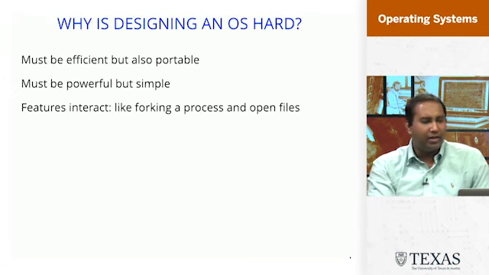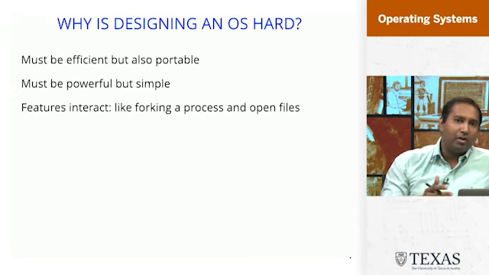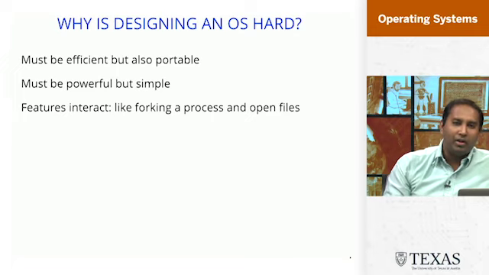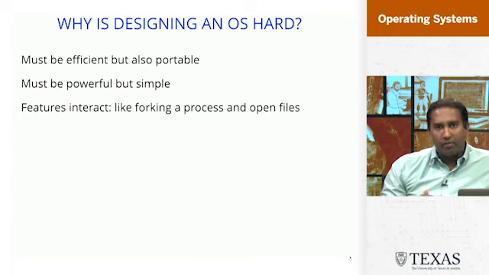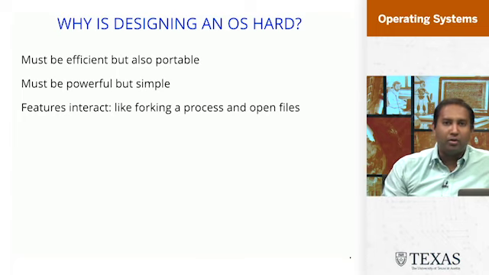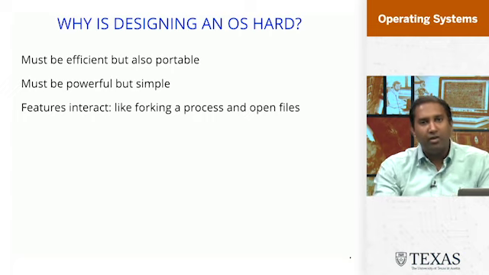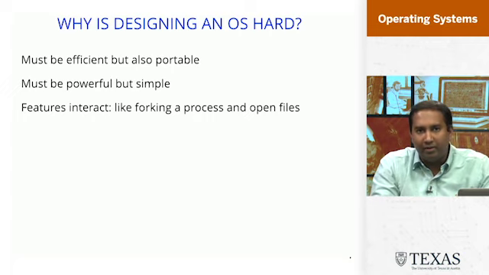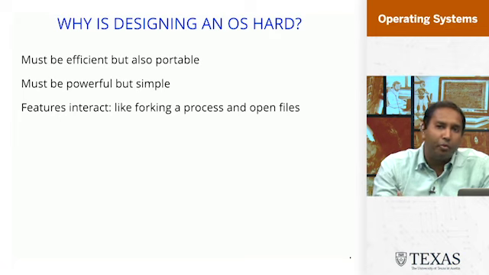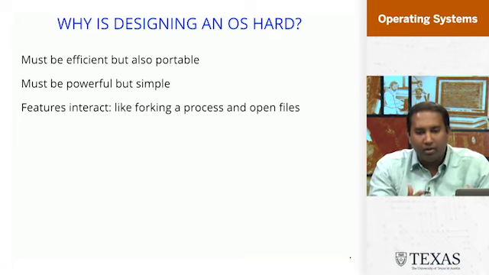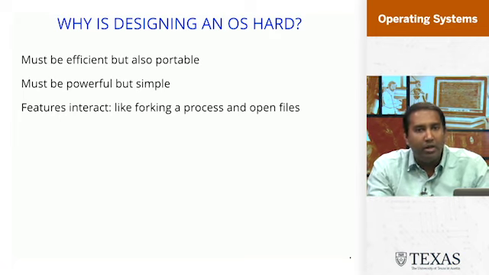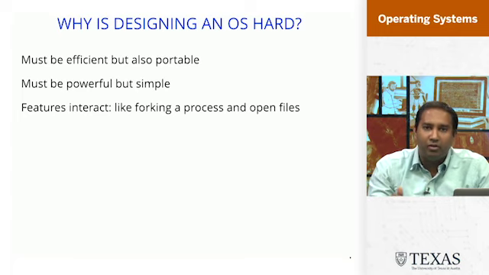So with that, let me talk a little bit about why designing an OS is hard. As I mentioned before, a lot of contradictory goals are in place. It must be efficient, so it's written, for example, in a low-level language like C, but you also want it to be portable. One of the big advantages of Linux is that it will run on a lot of different hardware.